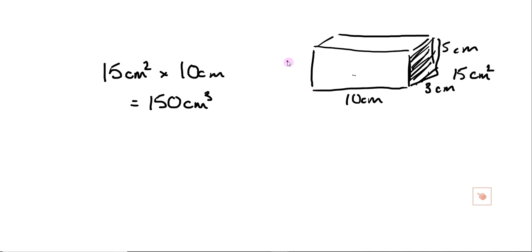So it would have been 10 times 5 is 50 centimetres squared, times 3 centimetres would have still been 150. So I can do it any direction, which is quite useful for a cuboid. Quite useful to know. Alright.